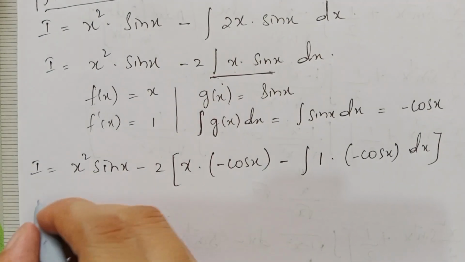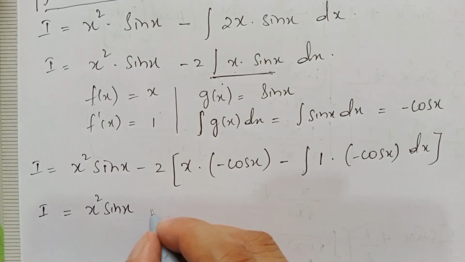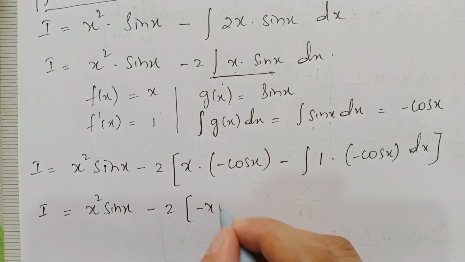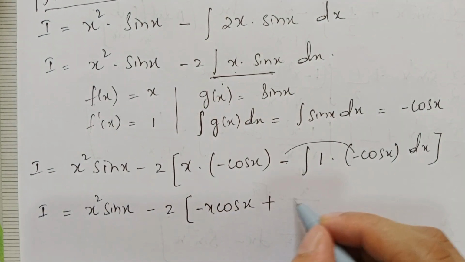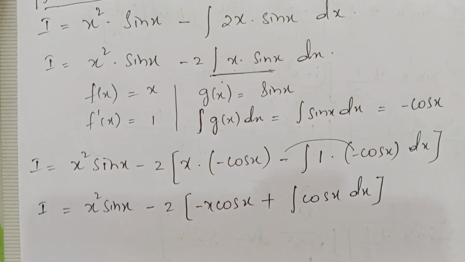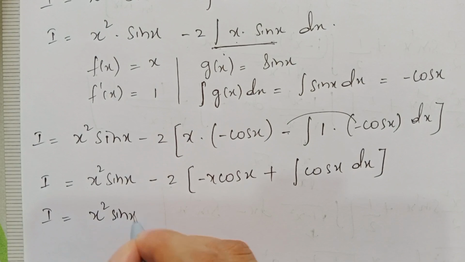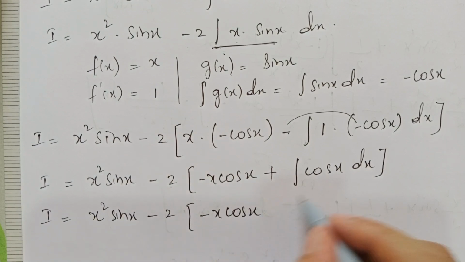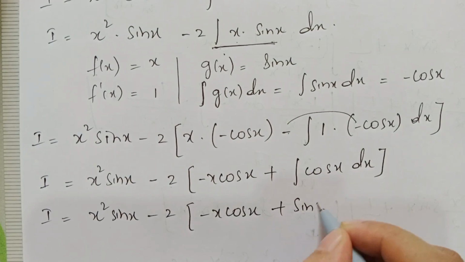So I is equal to x square sin x minus 2. This can be written as minus x cos x, and minus into minus becomes plus integral cos x dx. So this is equal to x square sin x minus 2 times minus x cos x, and cos x integral is sin x.